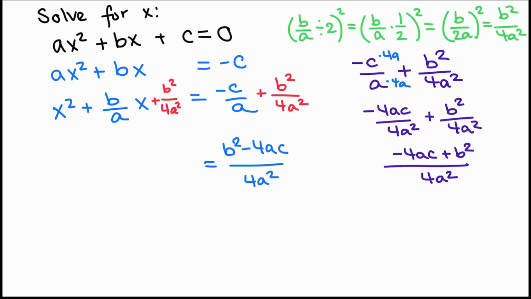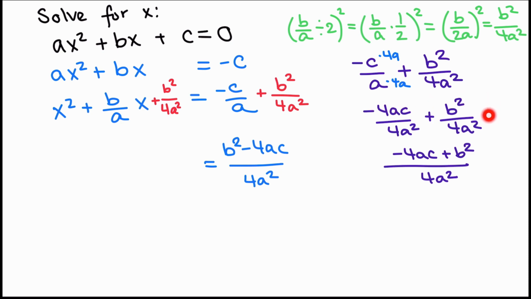On the right-hand side, I've got negative c over a plus b squared over 4a squared. I'm going to get a common denominator by multiplying the negative c over a by 4a over 4a. That gives me negative 4ac over 4a squared.